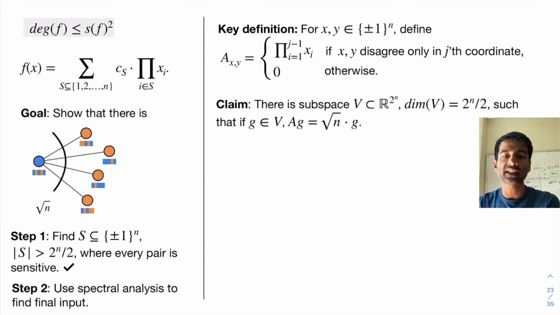Another way to state that is that there is a subspace V whose dimension is 2 to the n over 2, half of the possible dimension, such that whenever you have a vector g inside V, then g is an eigenvector with eigenvalue square root n. So A times g is equal to square root n times g.